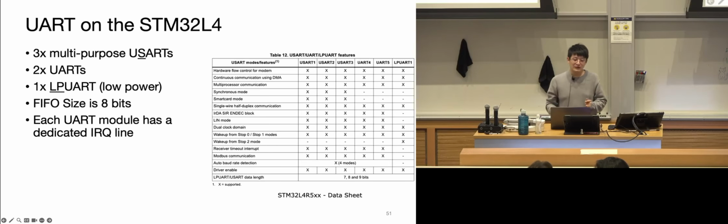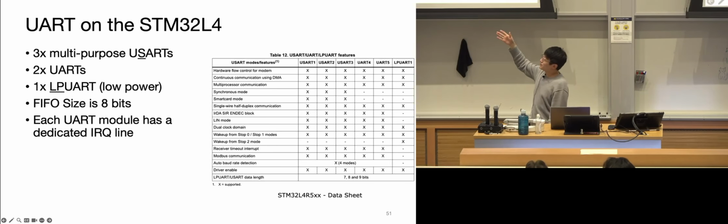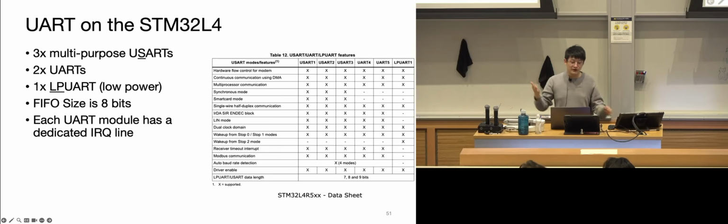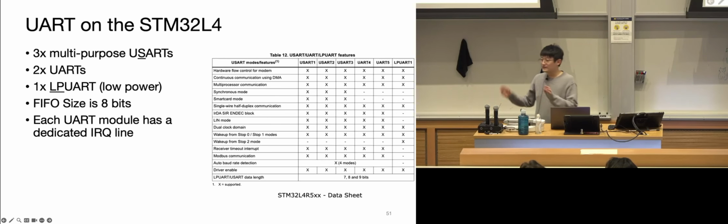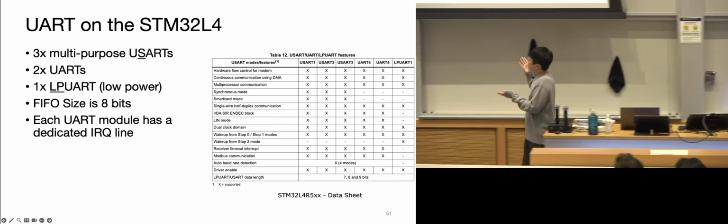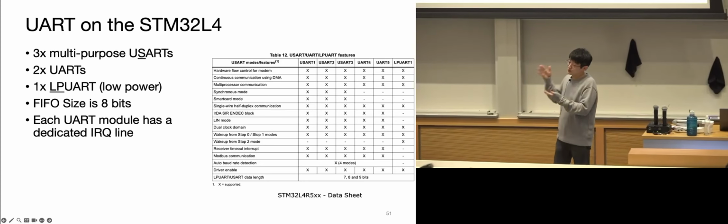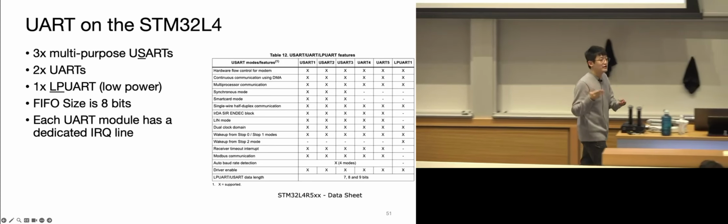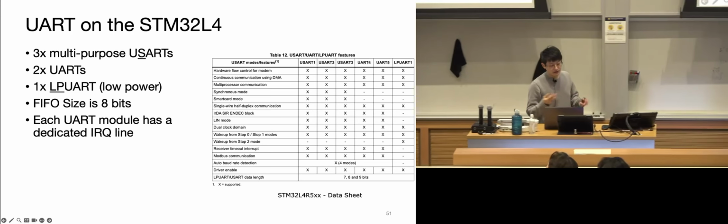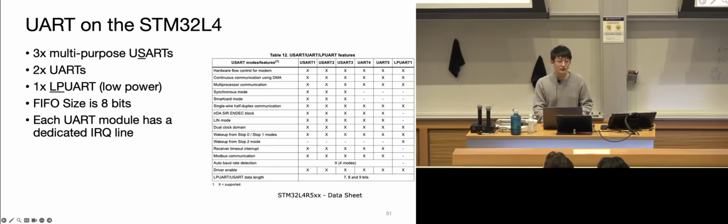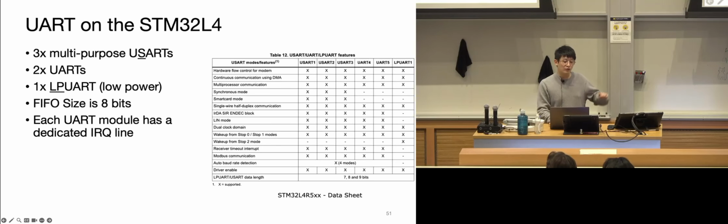On the board specifically, these are the UART modules available to you. There are 3 multi-purpose USARTs. The S stands for synchronous. So on the board, that port can do both synchronous and asynchronous. We have 2 common UART modules on the board, and 1 LPUART, which basically means low power.